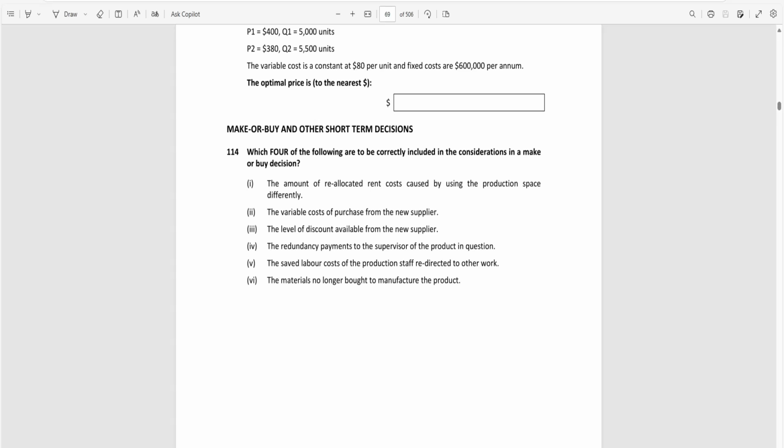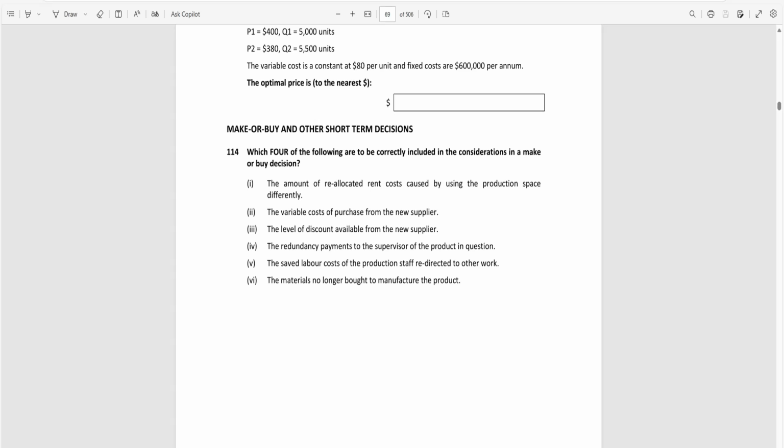So either you have an option to shift them to other work, or you have an option to make them redundant, right? So in that case the redundancy payment will be considered. So that's why it's important to consider the redundancy payment in relation to the make or buy decision.